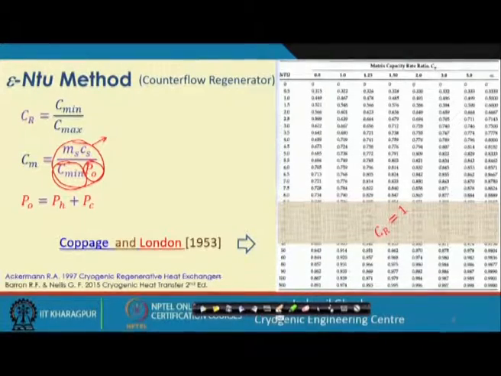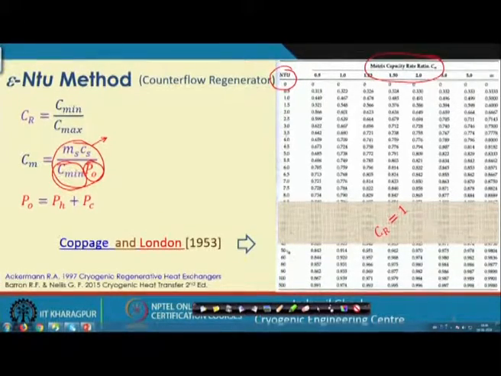Here we find that this has been given in terms of NTU and matrix capacity rate ratio. These are the different epsilon values corresponding to different NTU and different matrix capacity rate ratio. So, if we know the Cm and if we know the NTU, we would be able to find out the epsilon, or the effectiveness, of the regenerator.